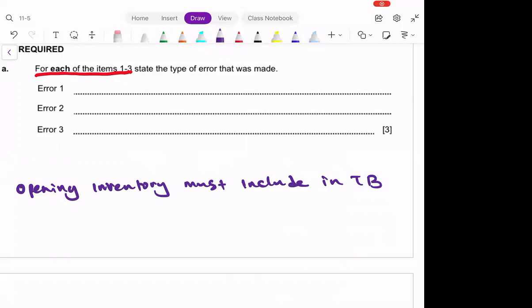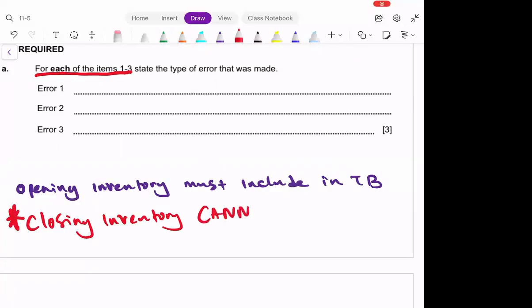And remember this, very important. Closing inventory cannot be included in a trial balance.